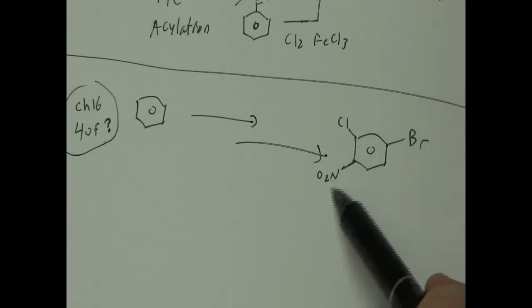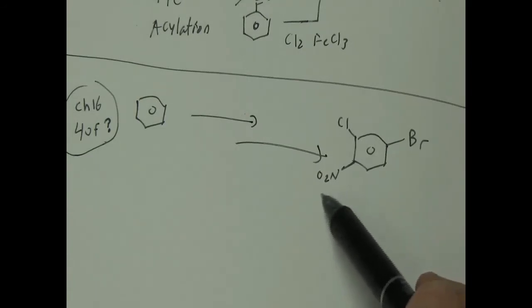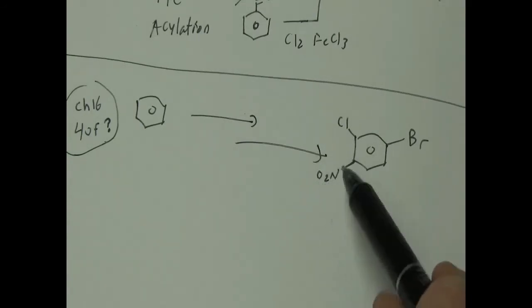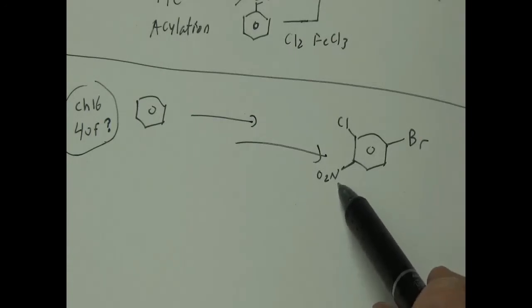But the thing about nitrogen is we have a lot of options. We can change its directing behavior. We can reduce it to NH2, and we can also modulate its activation level, because NH2 is super active. We can turn it into an amide and make it a little less active. If you do that, this is a really cool one to put on first.